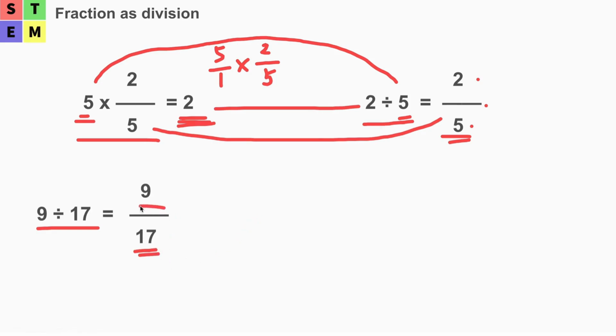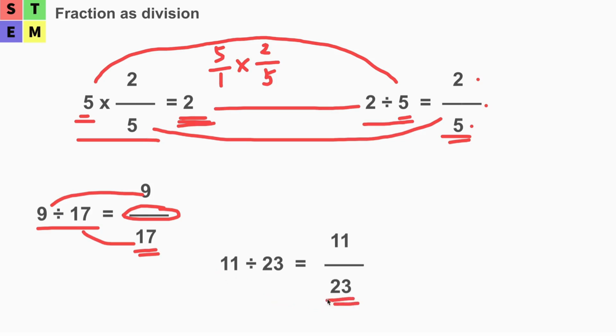That's basically divided by again, and we got 9 there, and we got 17 here. So next one, 11 divided by 23, it equals 11 over 23. Okay, so 23, 11, and divide.